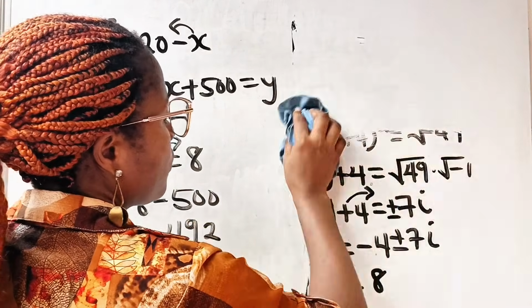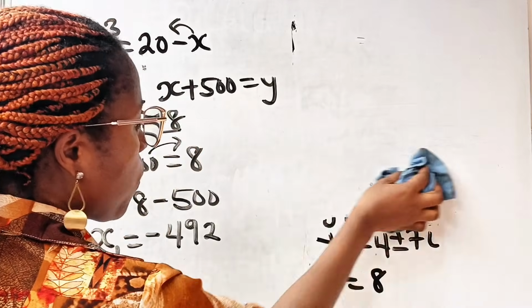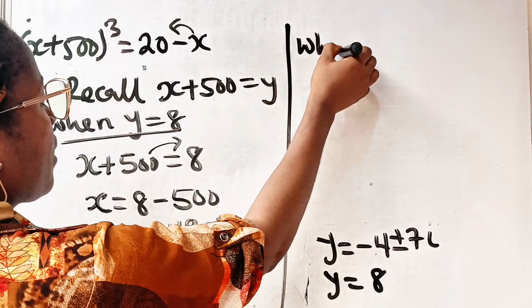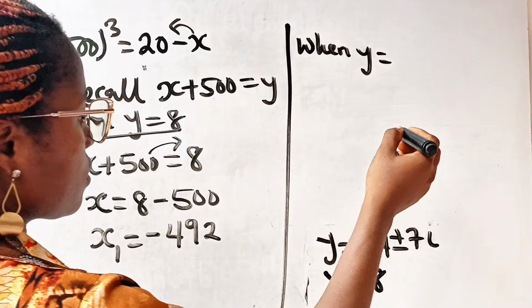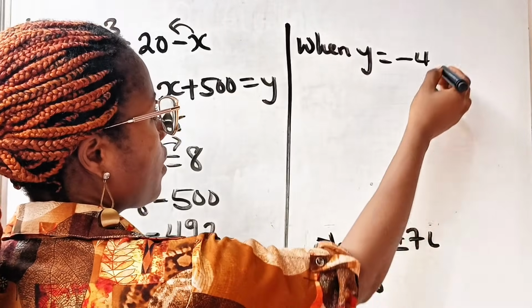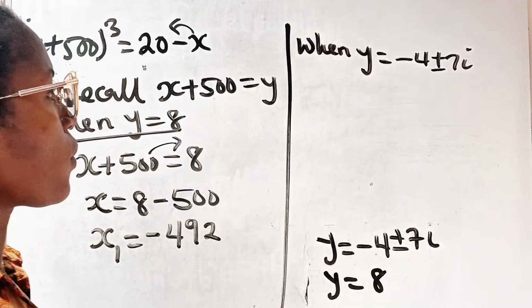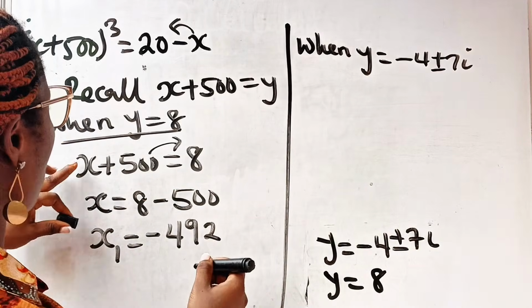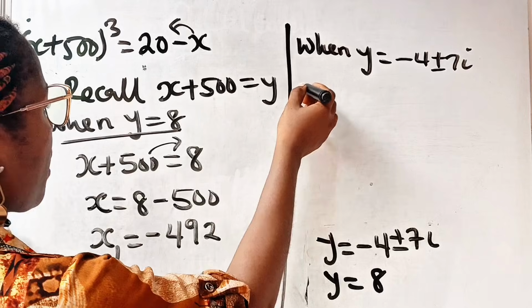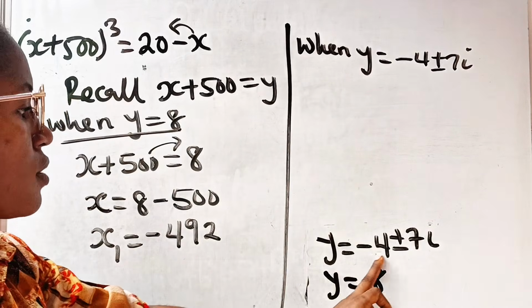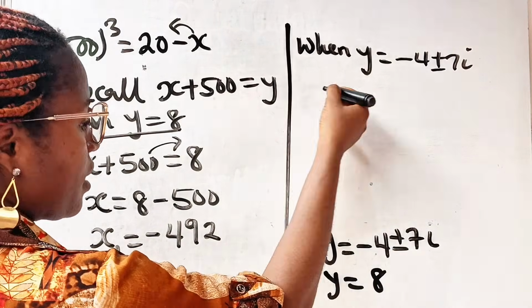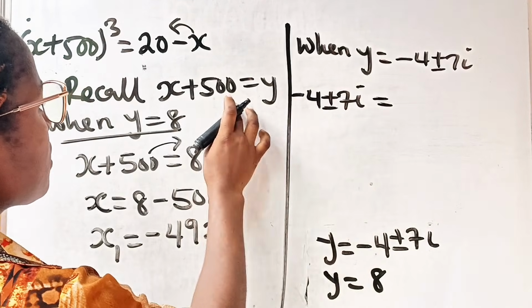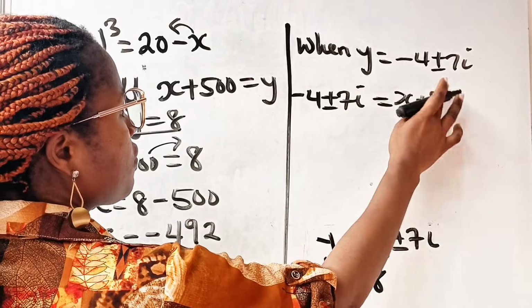Now when y is equal to negative 4 plus or minus 7i, then we have negative 4 plus or minus 7i is equal to x plus 500.